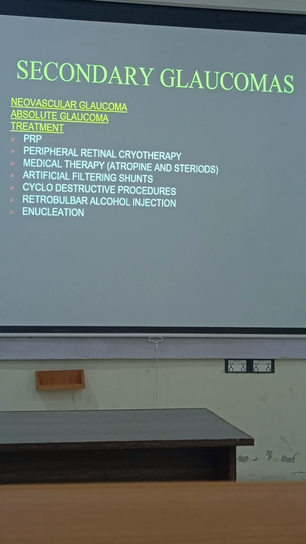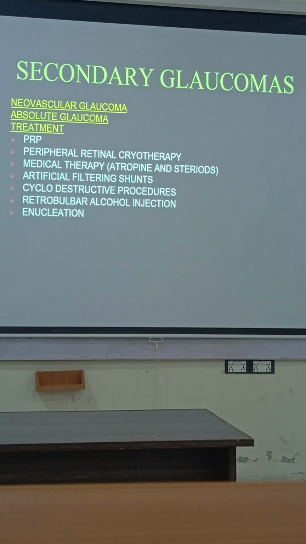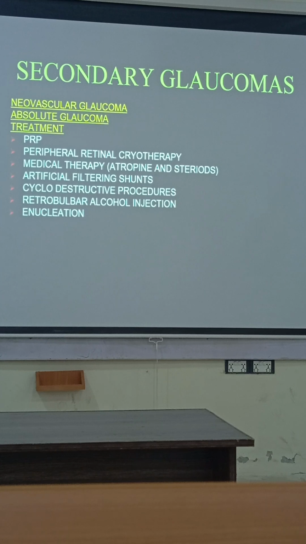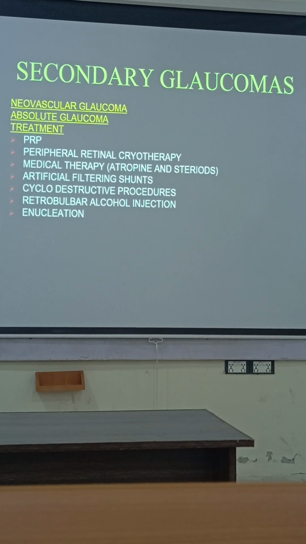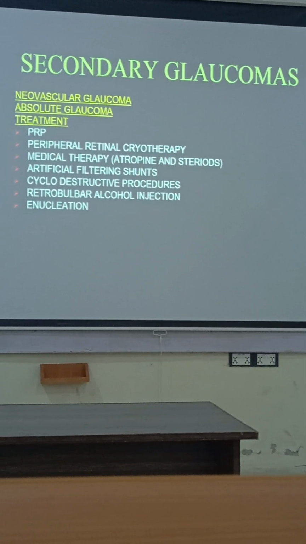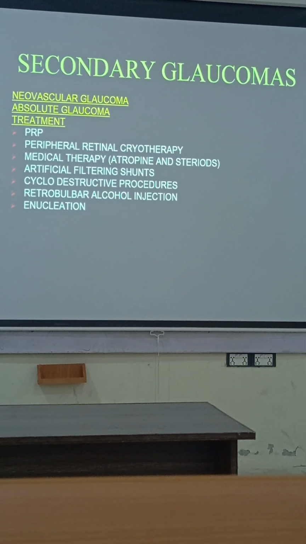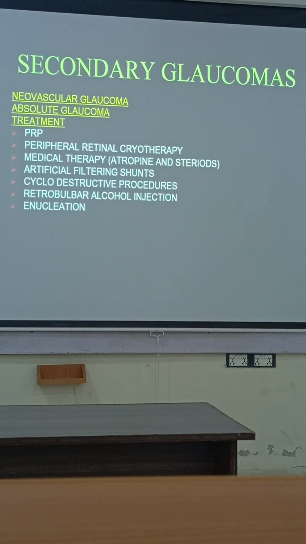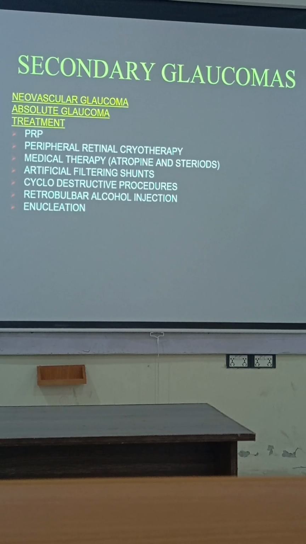And keep it in mind that from all the secondary glaucomas, neovascular glaucoma is the most severe, and in most of the cases, the vision is already gone because of retinal damage. So we go for these destructive procedures because our main aim in rubeotic glaucoma, not all secondary glaucomas, is not to restore the vision.